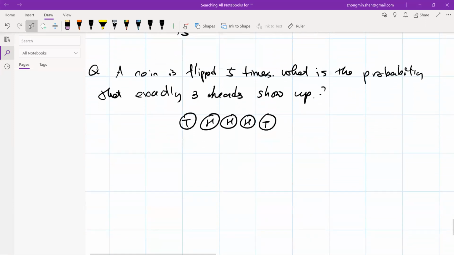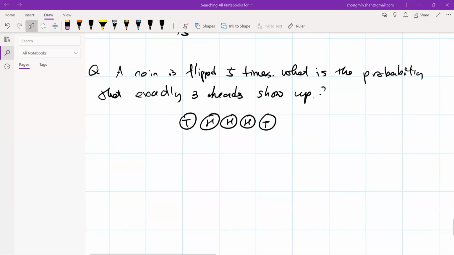Grant says 1/4. Somebody got 5/16. So you think 5/16 is correct?